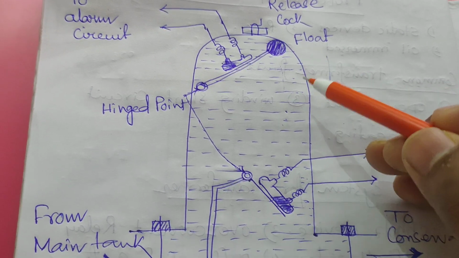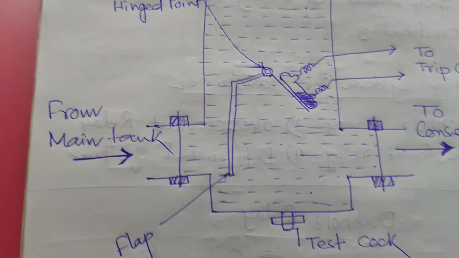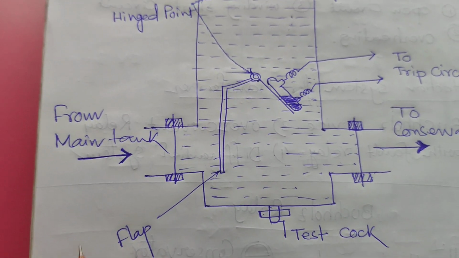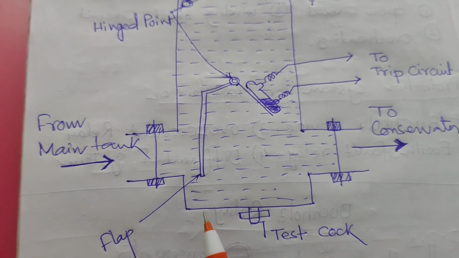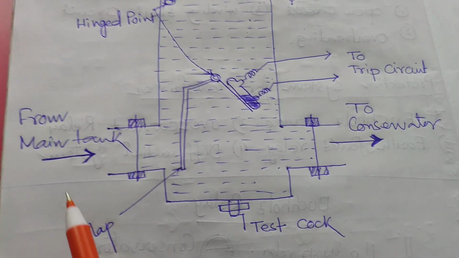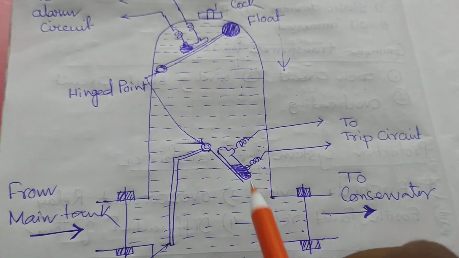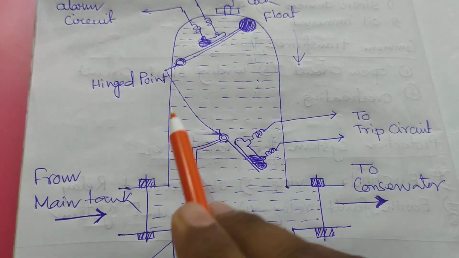Because when some deformations happen inside the oil, a huge amount of hydrogen and different types of gases are generated, and these gases will come here.